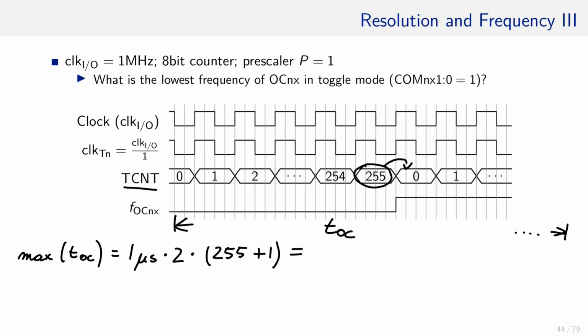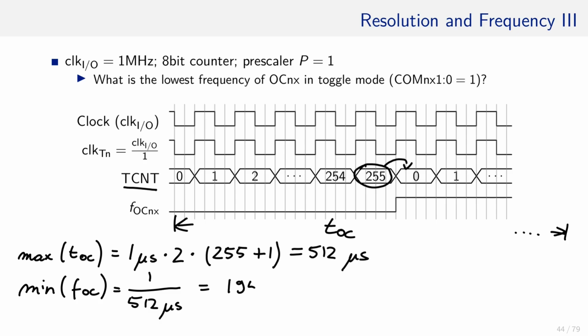This results in 512 microseconds. Therefore, the slowest frequency of this pin is 1 by this maximum time, which is 1953 Hertz, or almost 2 kilohertz.